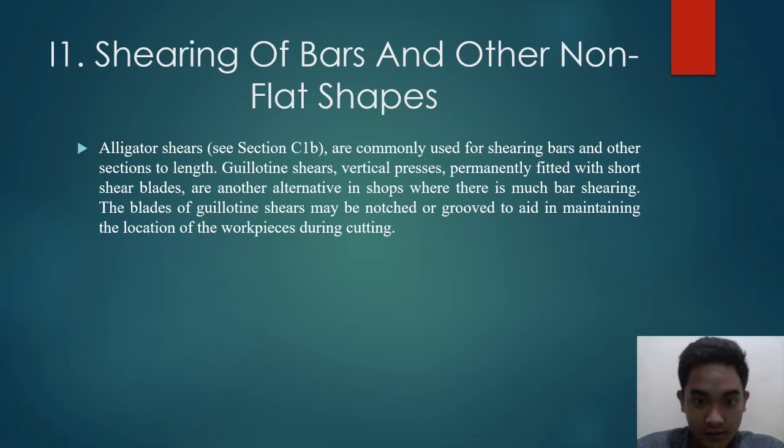Tooling shears and vertical presses are another alternative in shops where there is much bar shearing. The blades of guillotine shears may be matched or grooved to aid in maintaining the location of the workpiece during cutting.